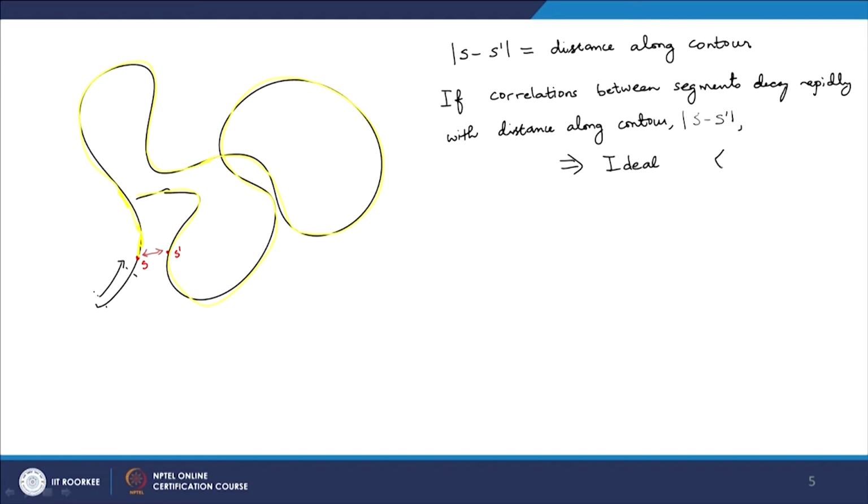That is, we have the scaling R E square proportional to m. In fact, as we just derived, R G square also goes like m.